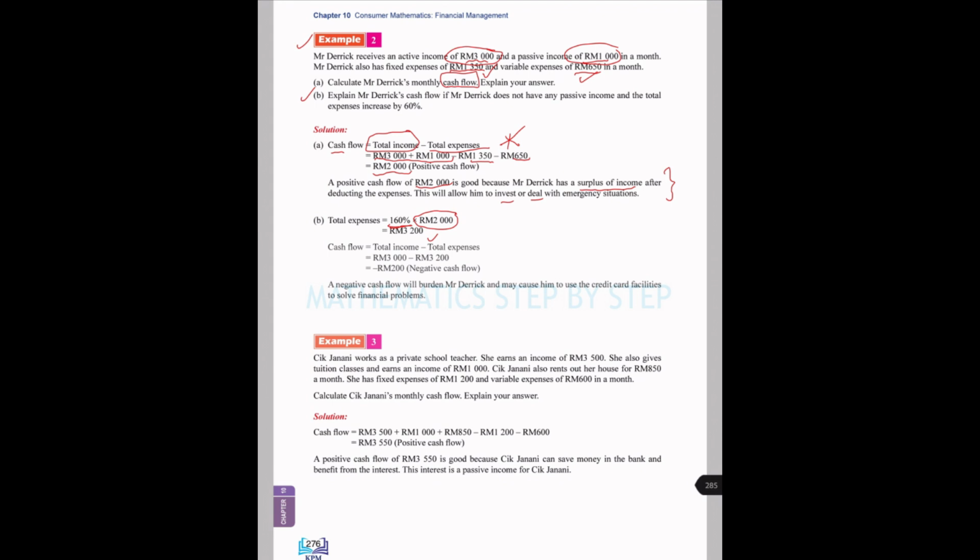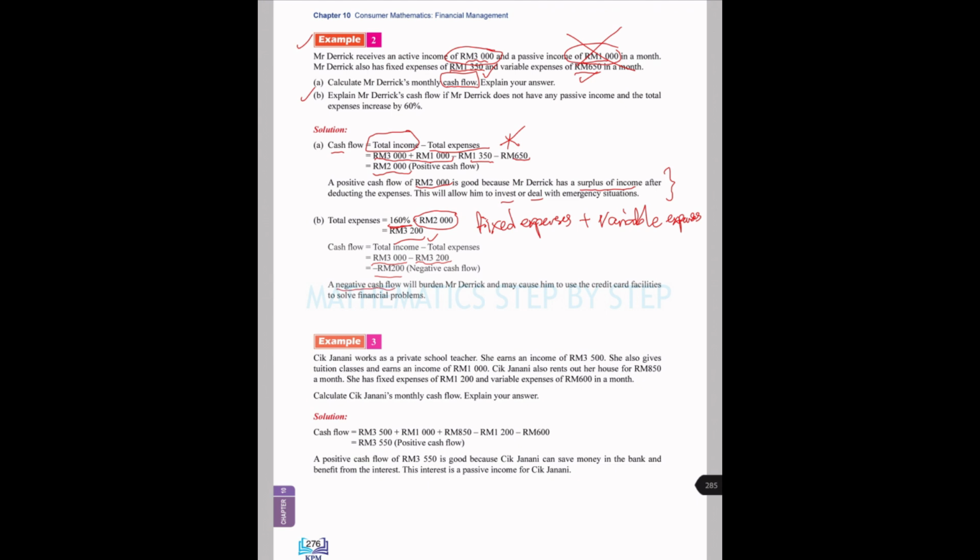Meaning that now his fixed expenses plus variable expenses equal 3,200. And his income now is without the passive income. So total income is 3,000 minus expenses 3,200, which is negative 200. So now it becomes a negative cash flow.